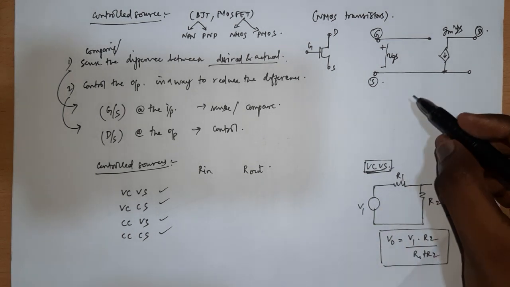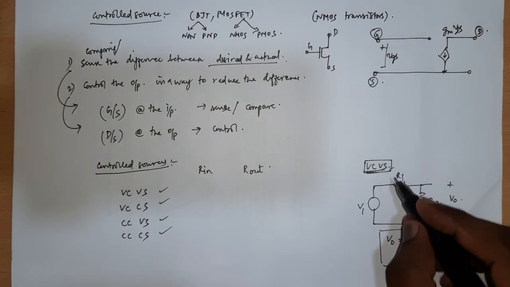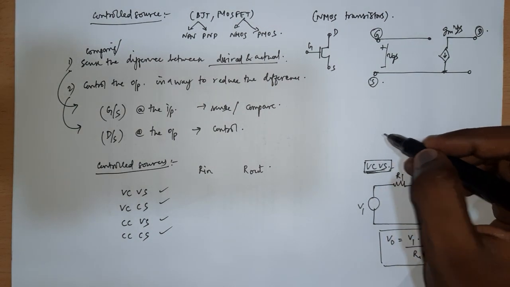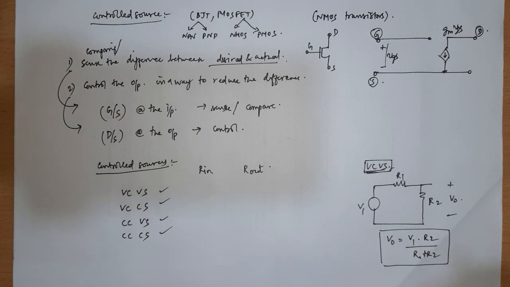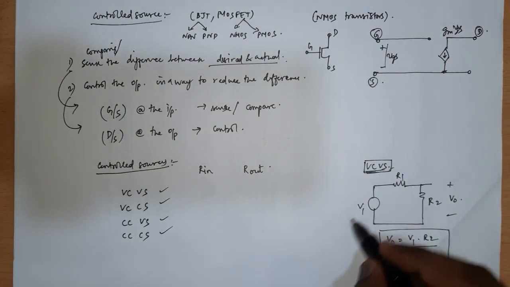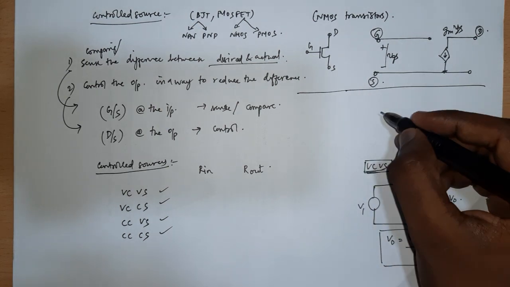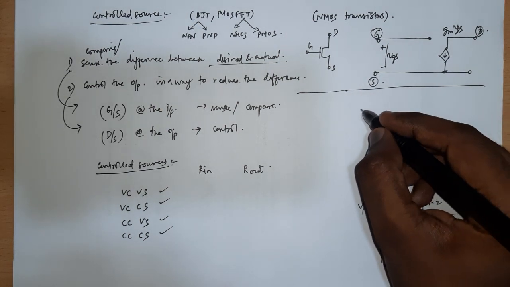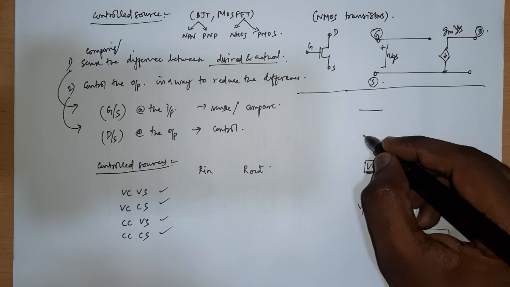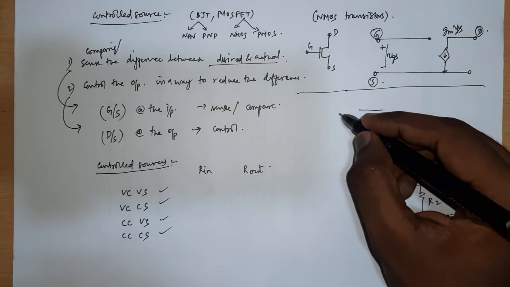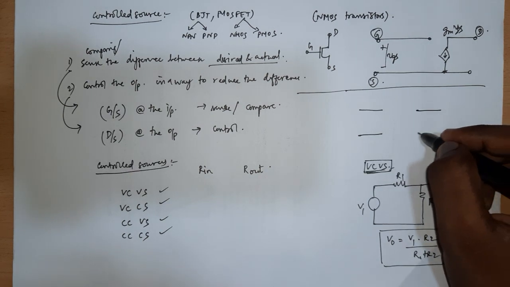Meaning, if it has to be a voltage control voltage source, then the first thing is the control side that you are talking about. Say for example, let me put it here. Say I have a port here, and then I am going to control the second port here.